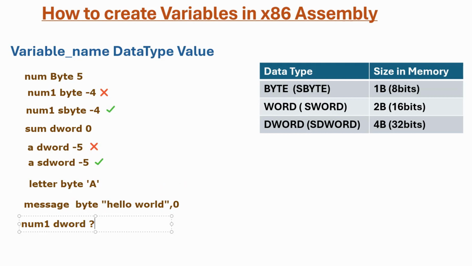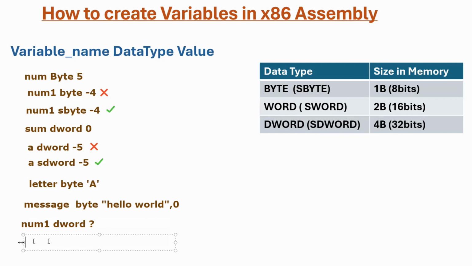So I will simply put a question mark. It is just an initializer which indicates that num1 is a variable of dword data type, which means 32 bits are associated with this variable, but nothing is stored because the user has not defined any value here.